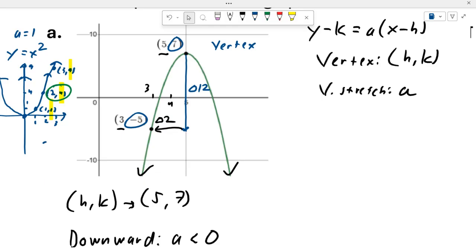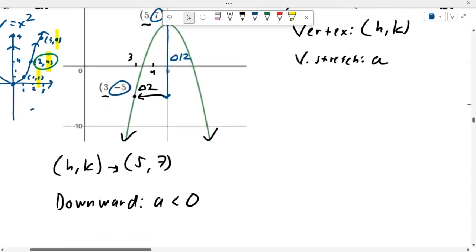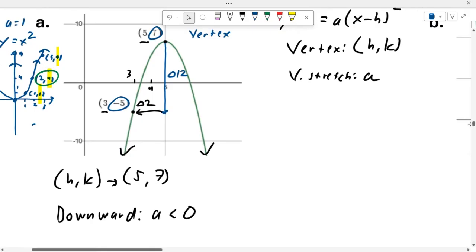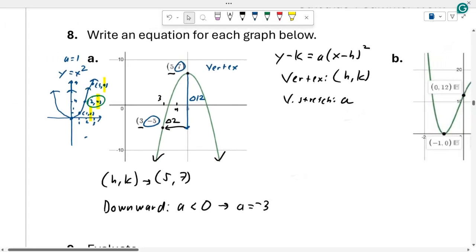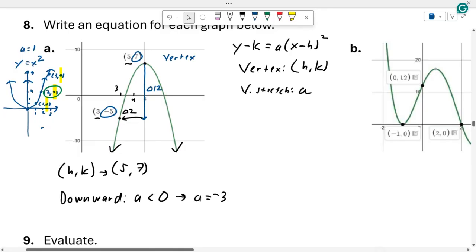Going from 5 to 3 resulted in my y value going from 7 to -5, so it changed by 12. And again, it's negative because it's going down. So for all of those reasons, my a value is -3, because that's how much the y values have been stretched. Now I have all the information I need to write my equation.